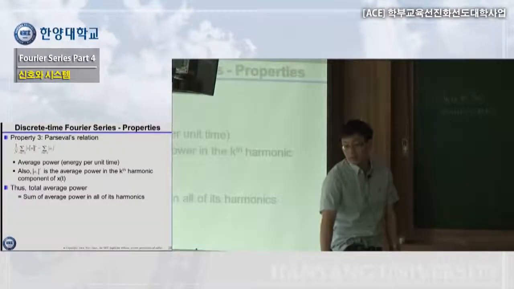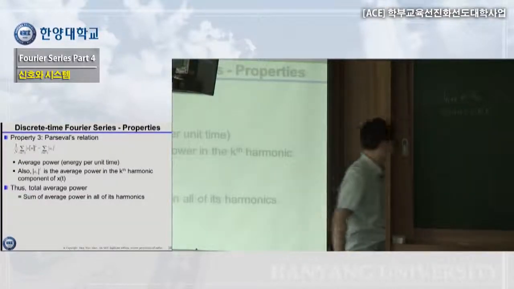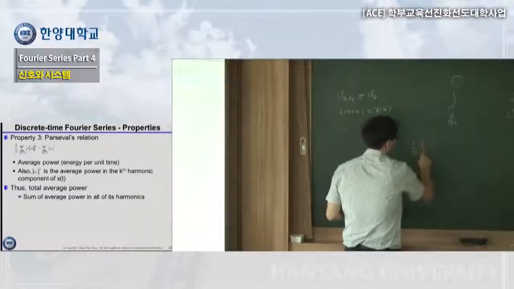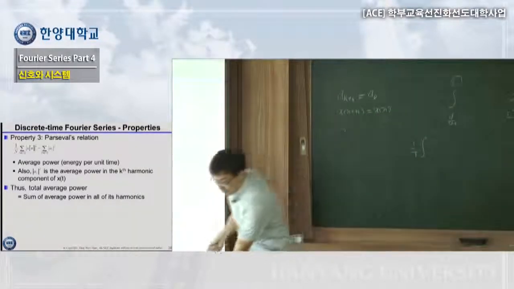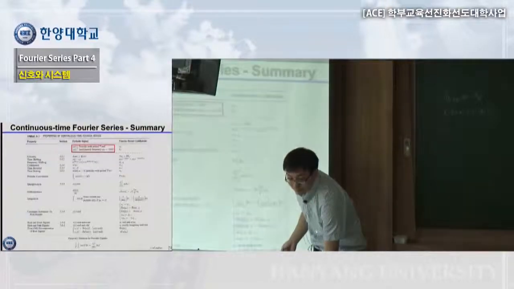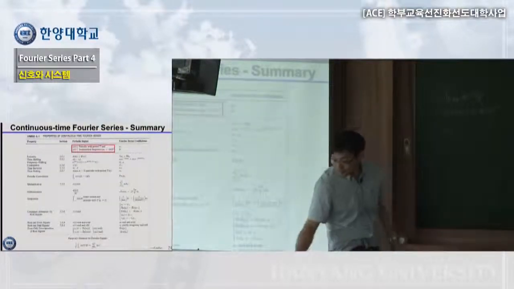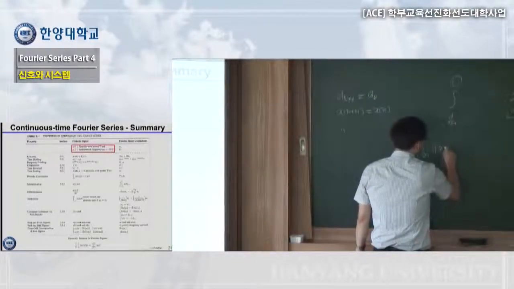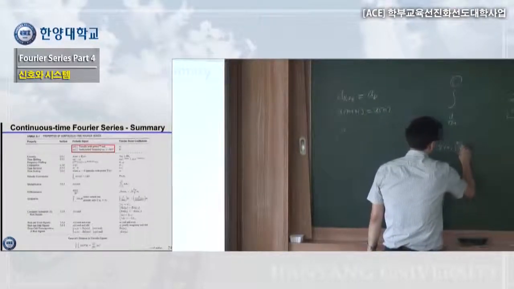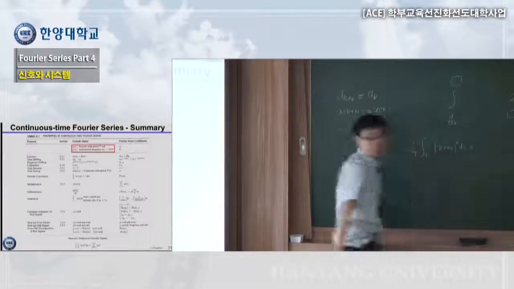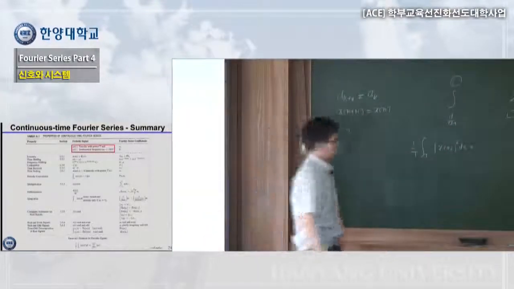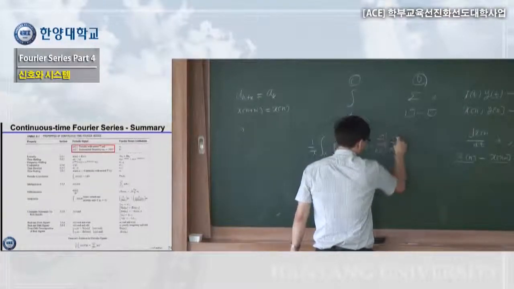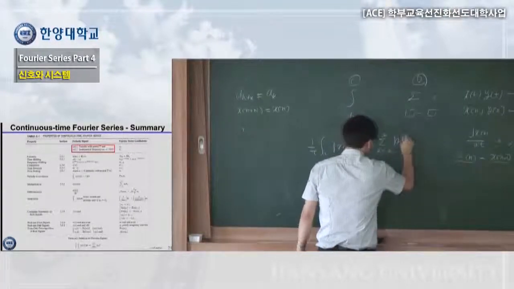Number 3, Parseval is also slightly different. Parseval in continuous time is what? Let's bring it in again. The bottom one: over a period, the integral of x(t) squared dt equals the summation over k of the absolute value of a_k squared.